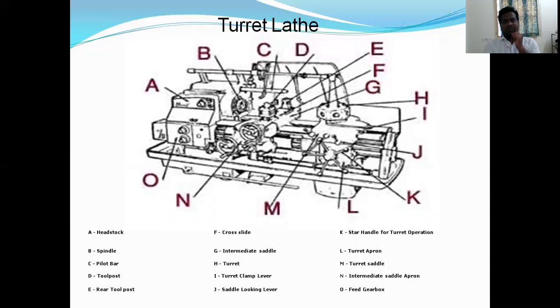In this turret we fix a number of tools, based on the slots. That can be operated by I and K. If we rotate the K lever, we get the particular movement of the tool.